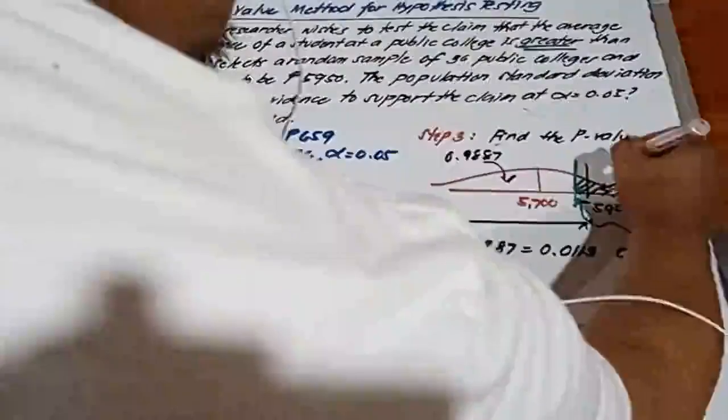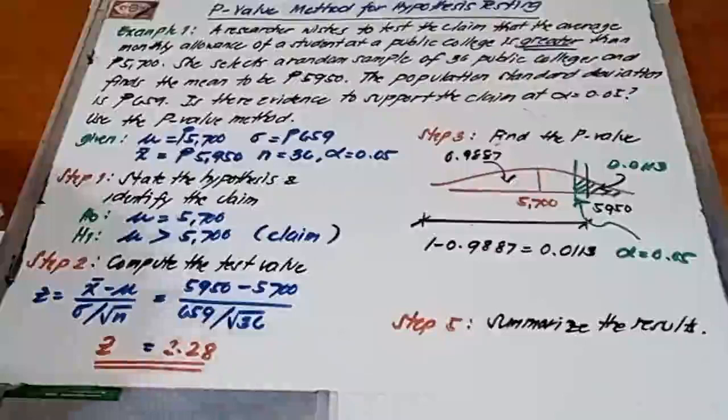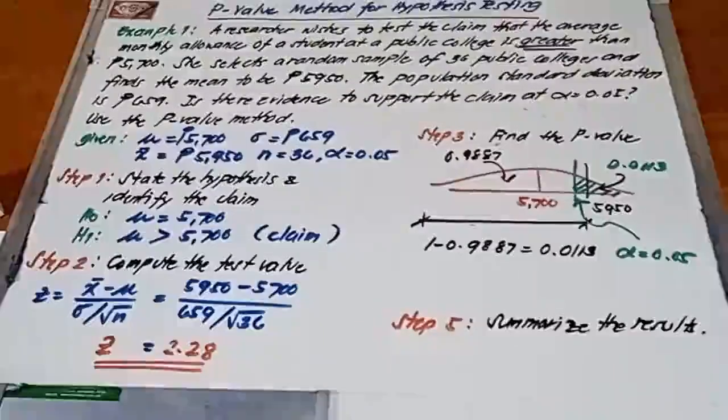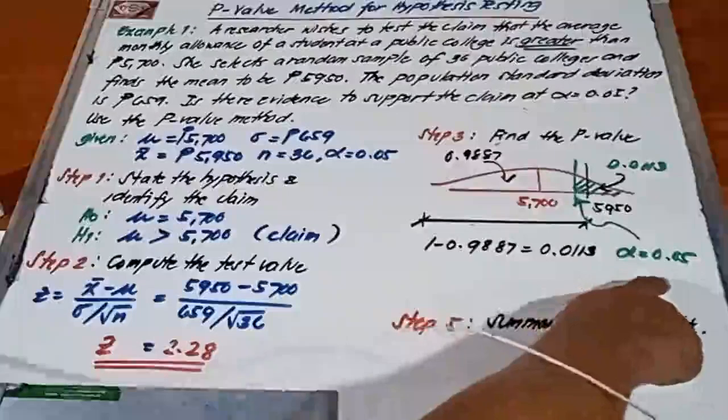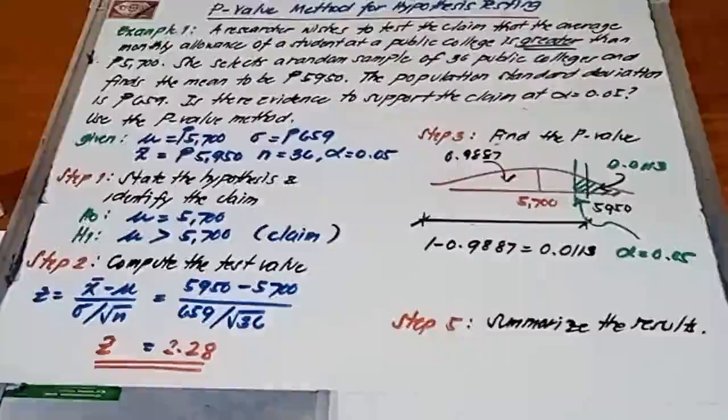Okay, ito yan. So mapapansin natin siya ay nasa labas. Kasama siya dun sa area ng ating rejection region. Kasi 0.05 is greater than 0.0113. Okay?